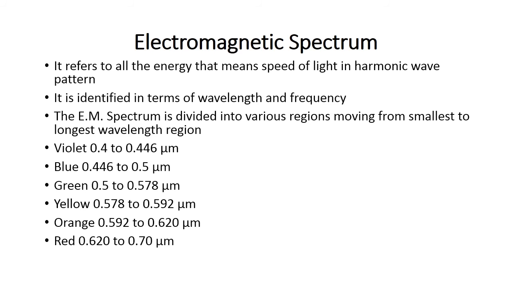So from violet up to red, that is 0.4 to 0.7, is the visible portion in the electromagnetic spectrum.